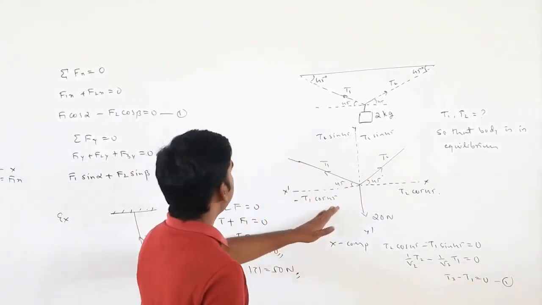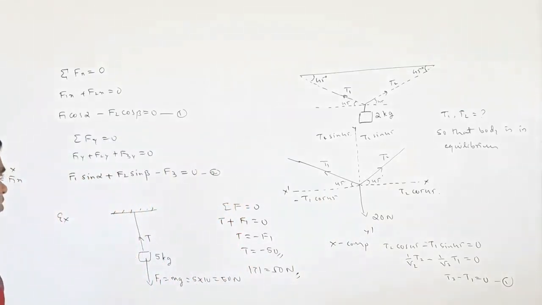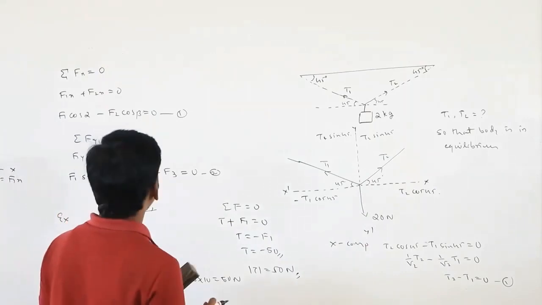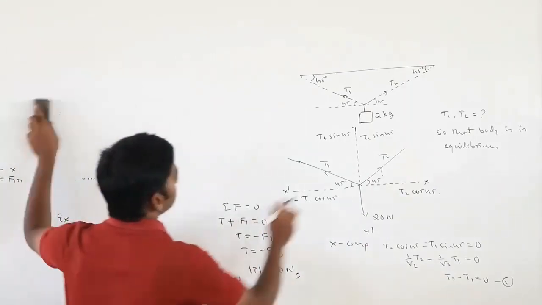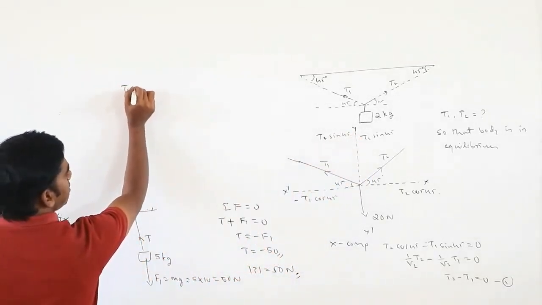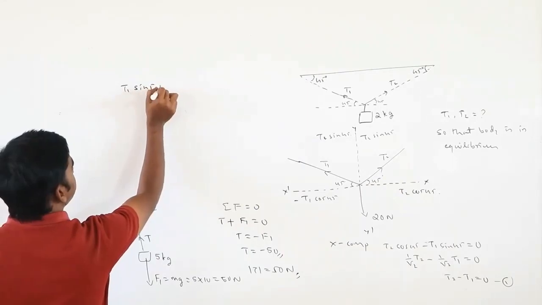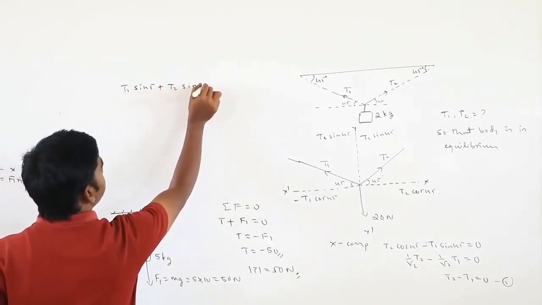Similarly, you can apply the same for the y components. For the y components, t1 sin 45 plus t2 sin 45.